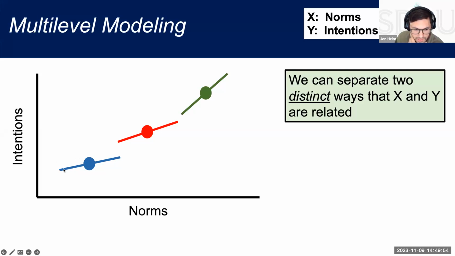you can see that, let's say all the data fall along this line. If I wanted to know where the average of norms was, it would just be the average across the line in this direction, which will be right here in the middle of the line. But then the average of intentions will be the average in this small vertical direction that spans the line. And so the average for this one will be right here.